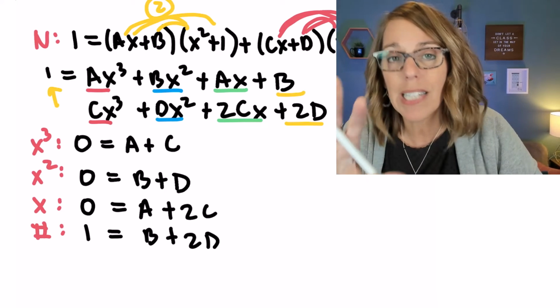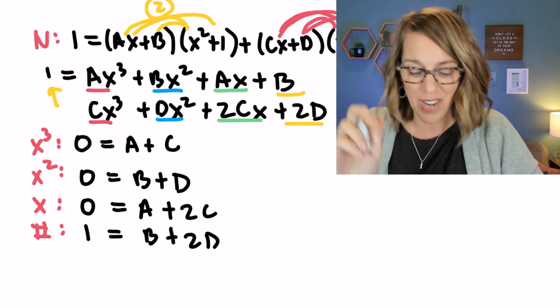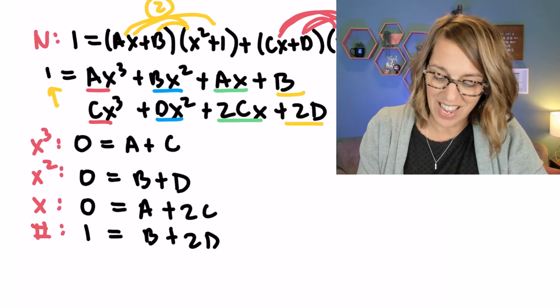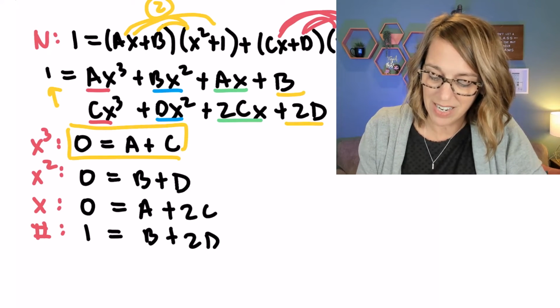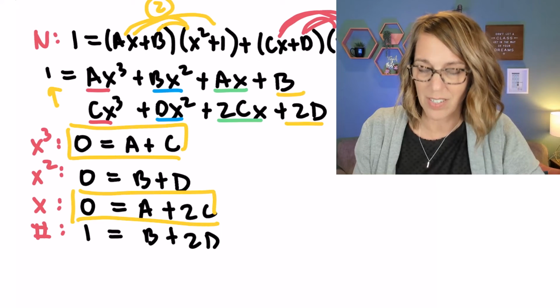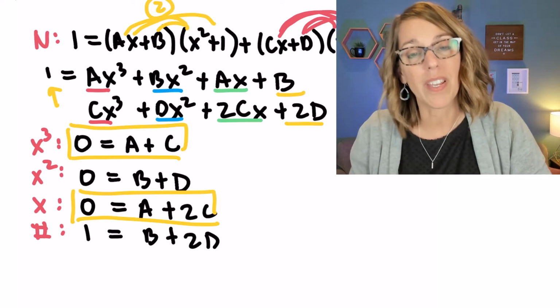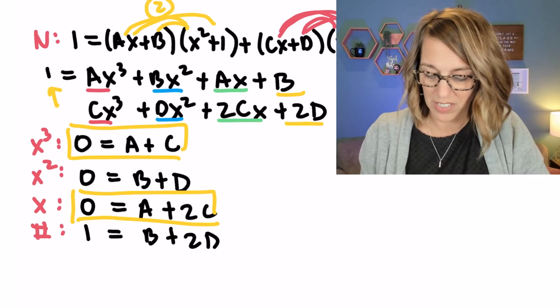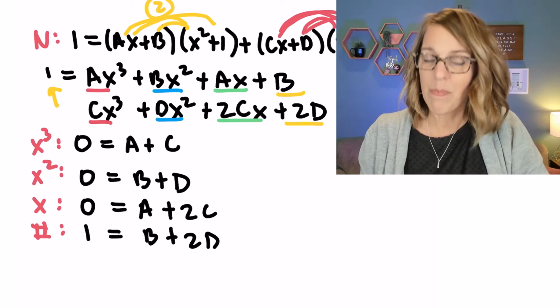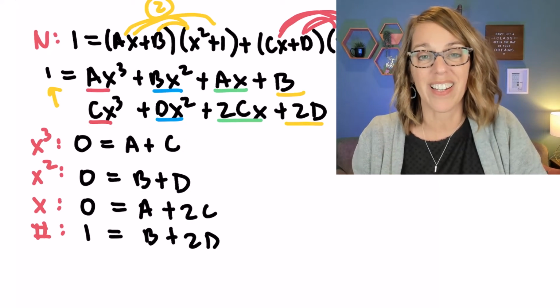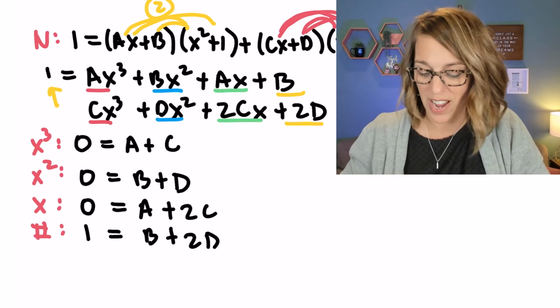Now you could completely break this down and work it algebraically, and you can pick up your A and C equations and solve that system, and then pick up the other two equations and solve that system. But there is a much easier way, and it's going to be in your TI-84 calculator.